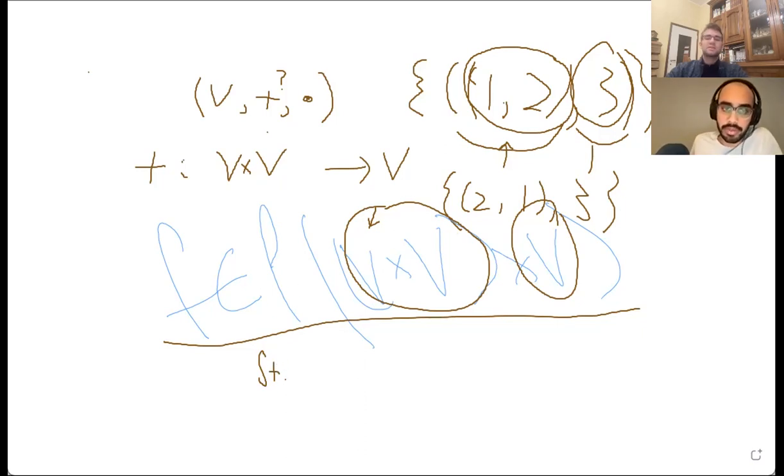But maybe the power set guarantees that already. I don't believe so, because if you have all combinations of ordered pairs and outputs, you'll end up with 1 × 1 and every single thing here. So you have to sort out infinite amounts of garbage to get a function. You know what I mean?